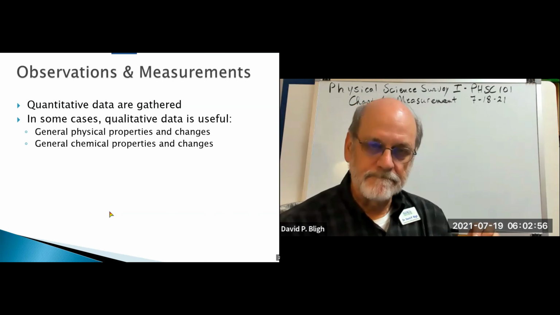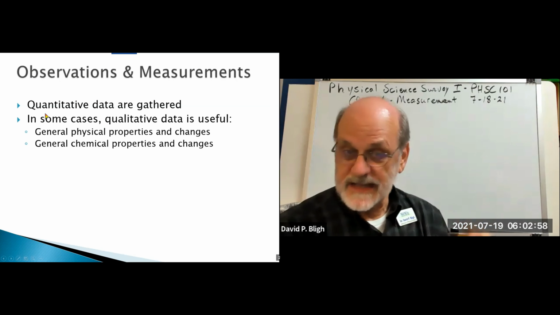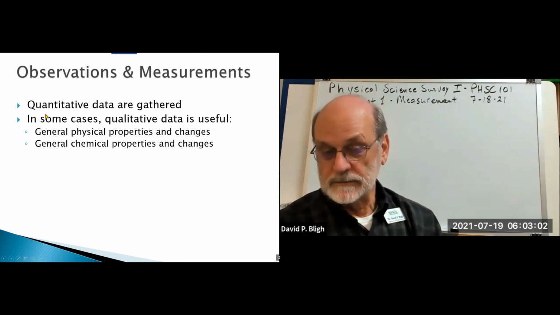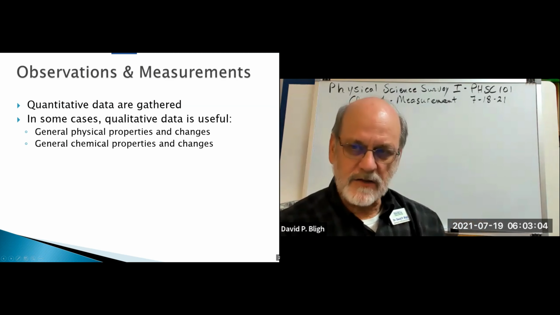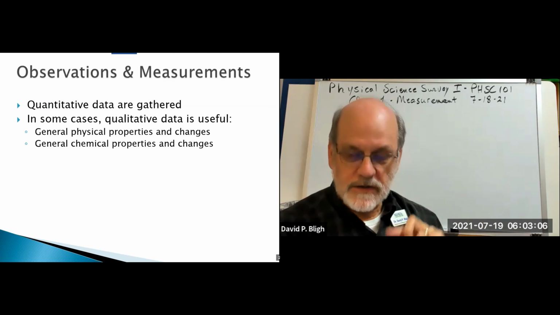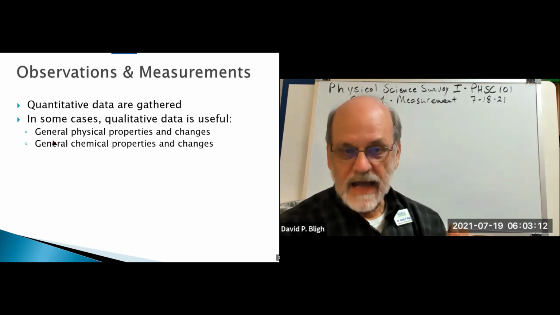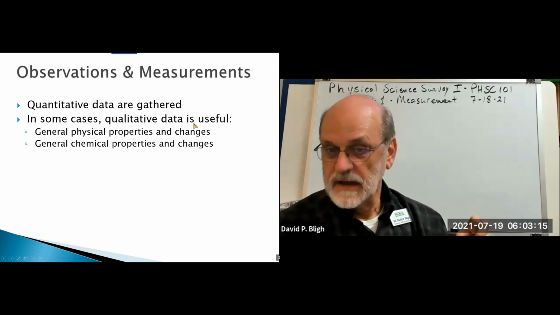Okay. I mentioned quantitative data earlier. Quantitative means you get a number. And you don't just get a number, actually. You get a number and a unit of measure. We'll talk about that a little more later. And here we have qualitative data.